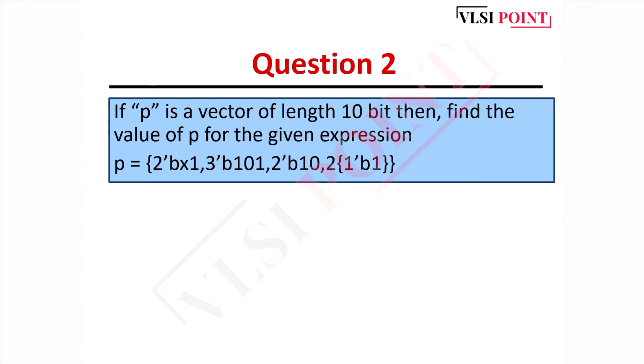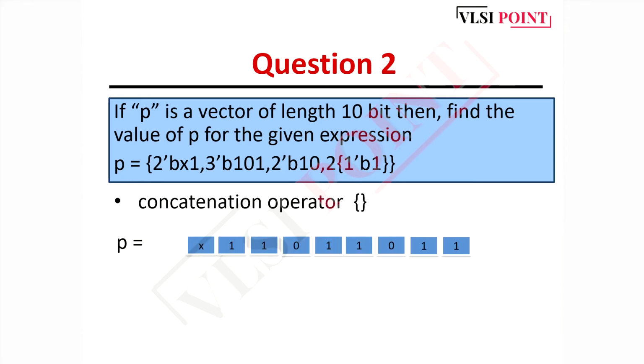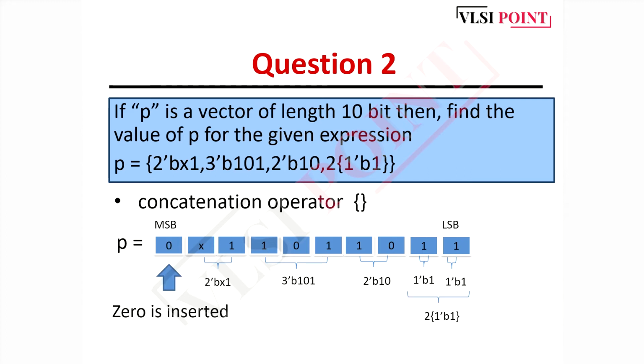So I hope you have solved the question, and now we can see the solution. So simply there is a concatenation operator. So the P value will be, first of all, 2'b x1, then 3'b 101, then 2'b 10, and then the replication operator, which is 2 times 1'b1. Since P is a 10-bit number and here we are getting 9 bits only, we need to insert the 0 in MSB position.